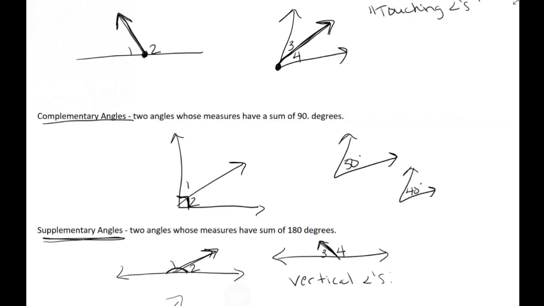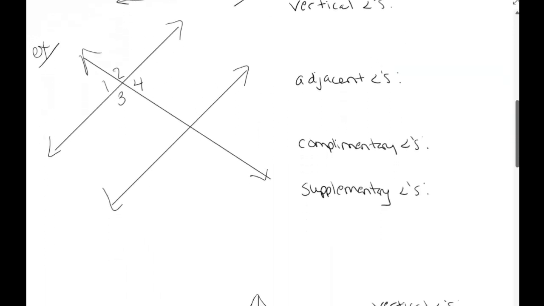Go ahead and finish up those definitions, but I'm going to jump into an example for us. I drew this picture and labeled 4 angles here, and I want to see if we can identify the vertical, adjacent, complementary, and supplementary angles. Remember that vertical angles are opposite angles that share the same vertex.